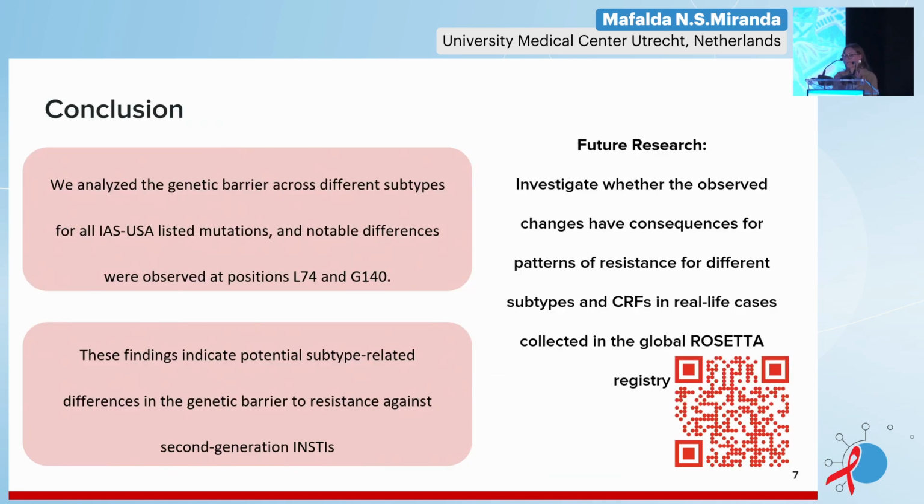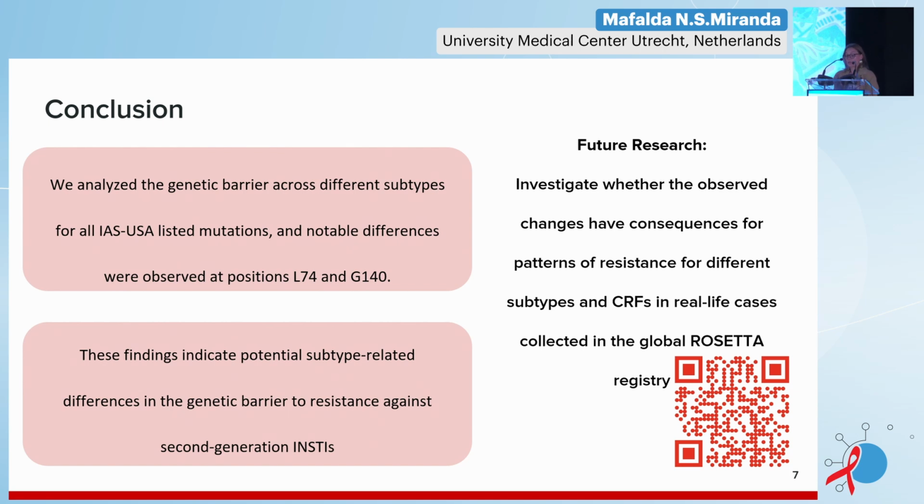So, in conclusion, we analyzed the genetic barriers across different subtypes for all IAS-USA listed mutations, and we found notable differences at positions L74 and 140.